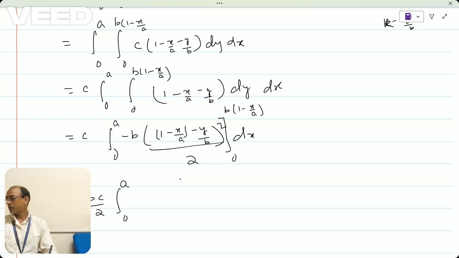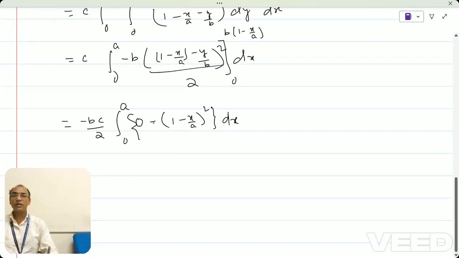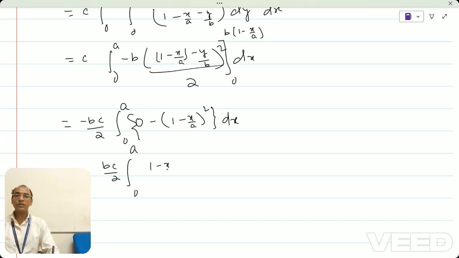The upper limit will be 0, and lower limit y equal to 0 means this will be 0, so I can have this one as minus 1 minus x by a whole square dx. So this minus and this minus will be plus, so bc by 2 integration 0 to a of 1 minus x by a whole square dx.